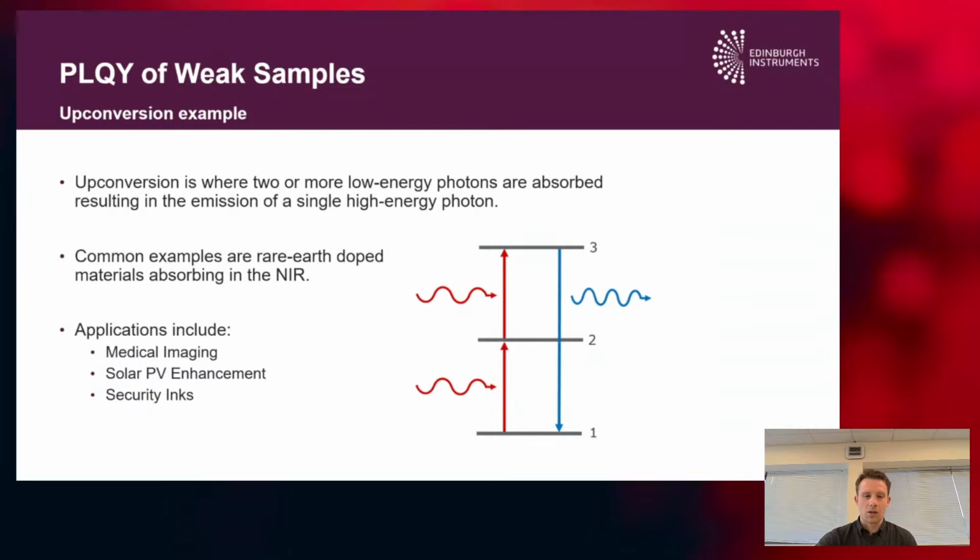And these are materials such as rare earth nanoparticles, which will absorb in the near infrared and emit in the visible. These types of materials will tend to have very, very low quantum yield. The kind of applications that you can use upconversion materials for is medical imaging, solar photovoltaics, and security inks and encryption.